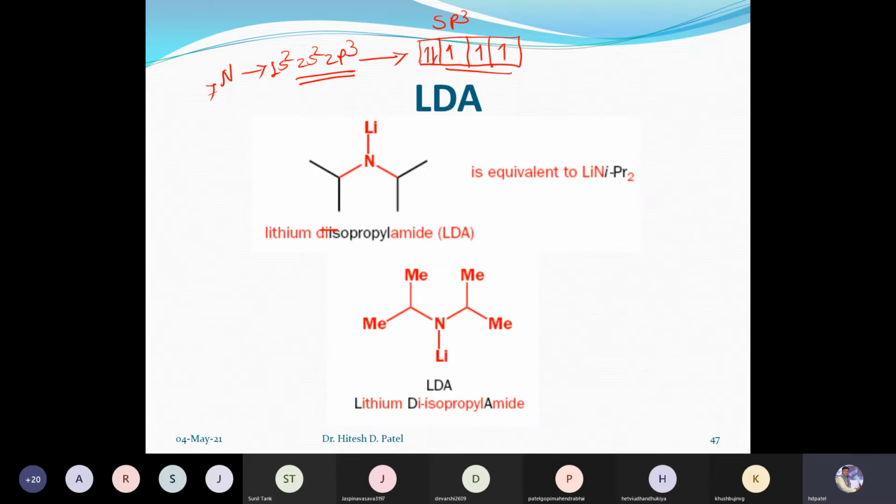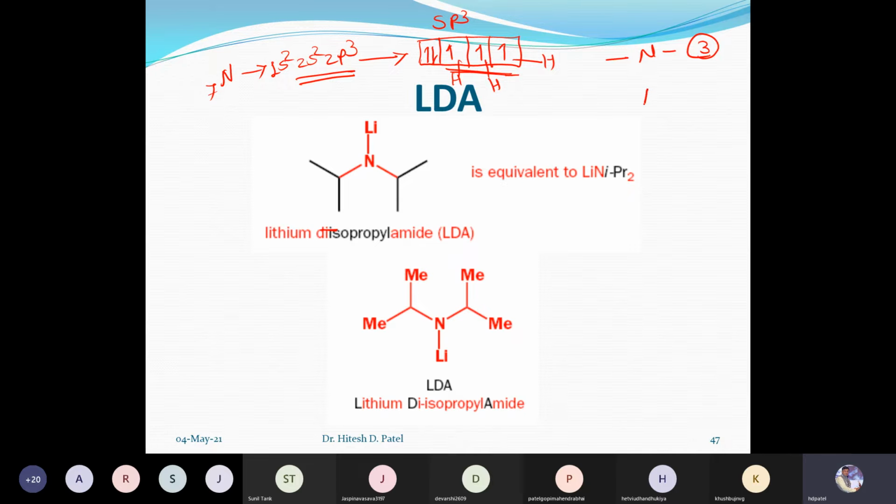These 3 half-filled orbitals indicate that nitrogen can form 3 bonds, and that's why we can say the valency of nitrogen is 3. It means nitrogen can form 3 covalent bonds.